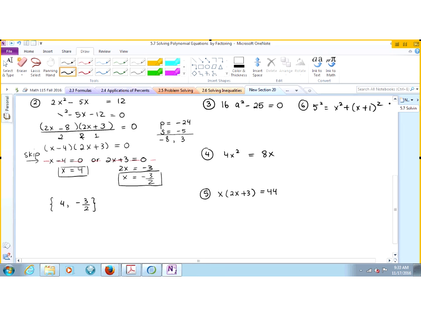Let me see how bad 5.7 is. 5.7 is not bad. How about 5.8? Oh, 5.8 is application. So Pythagorean theorem.